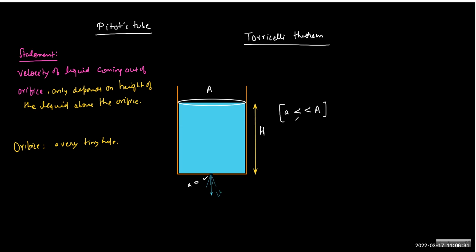So if that is the relation, then the a by A ratio will tend to 0, right? So a by A will be much smaller than 1.